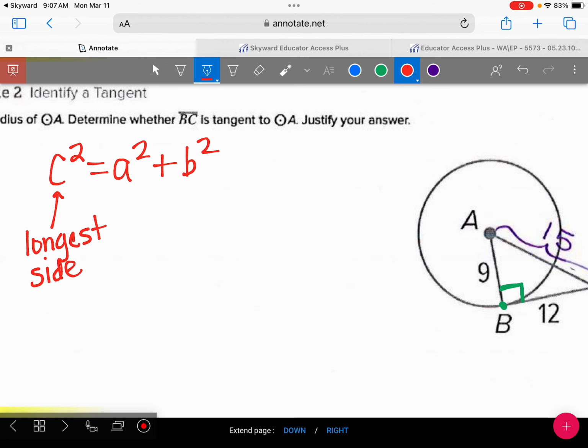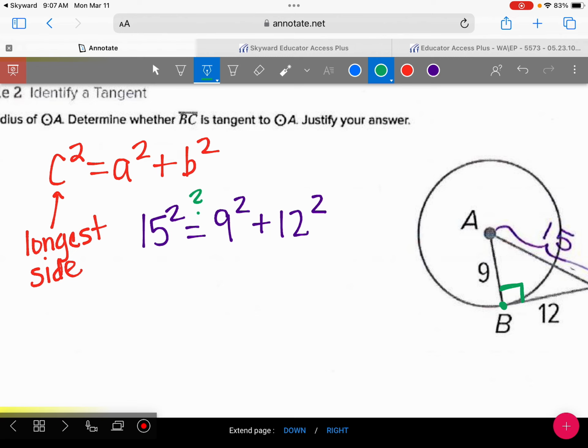Which one is the longest? 15. So I'm going to set this up as 15 squared, and then the other two sides could be flip-flopped: 9 squared plus 12 squared.